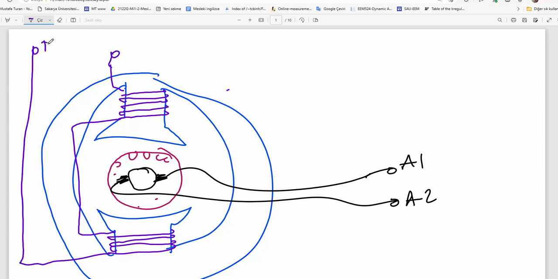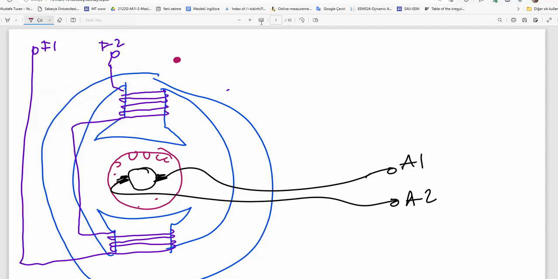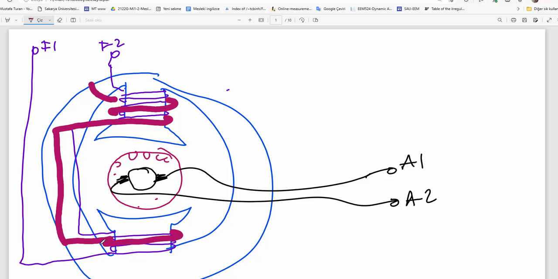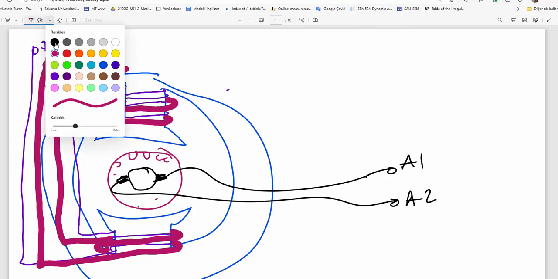Labels are F1 and F2. And there is one more winding, which is the series winding, having a thick wire and a small number of turns. Of course, it is not easy to show you. Series 1 and series 2 are the terminals.